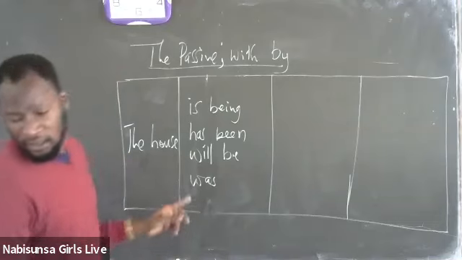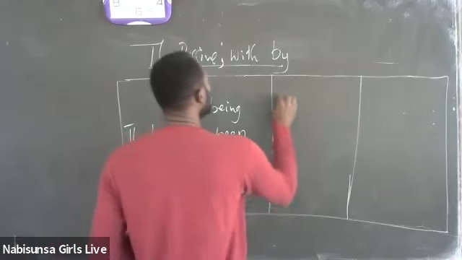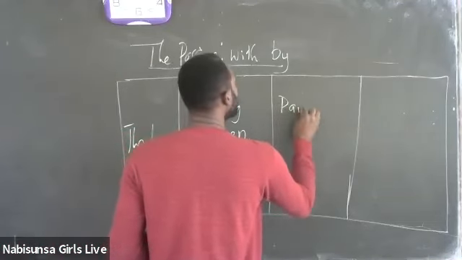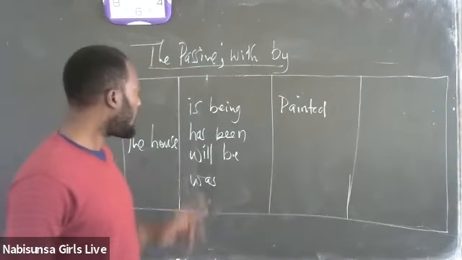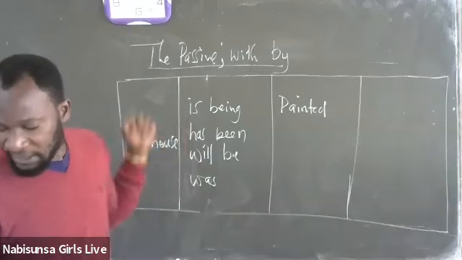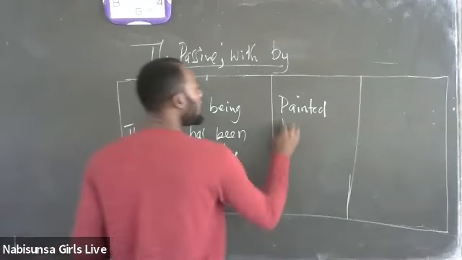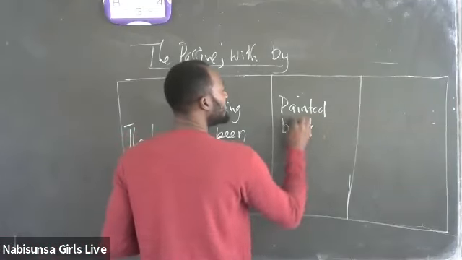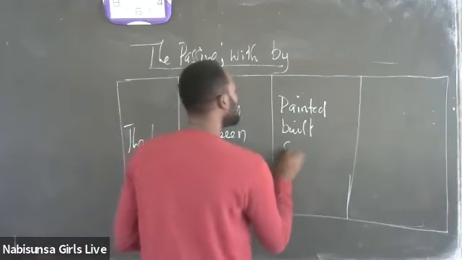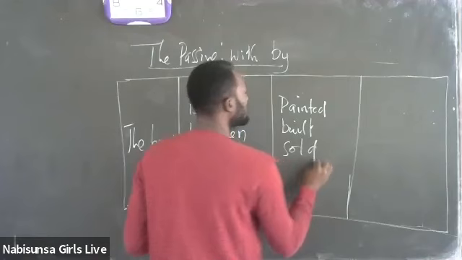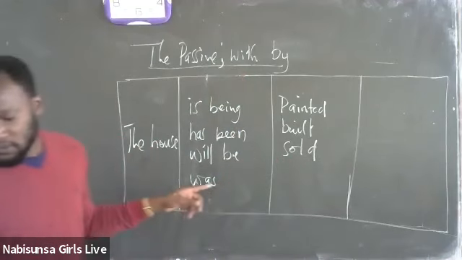All right. Then the verb here we can say painted, is being painted, has been painted, will be painted, was painted. Then we have built, is being built, was built. Then we have sold, is being sold.